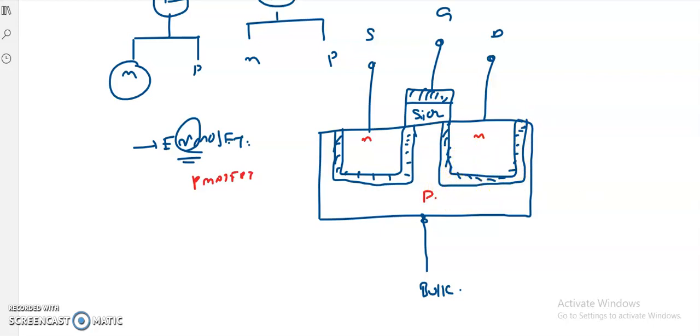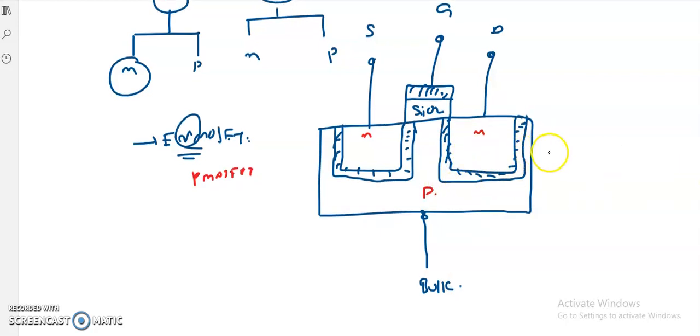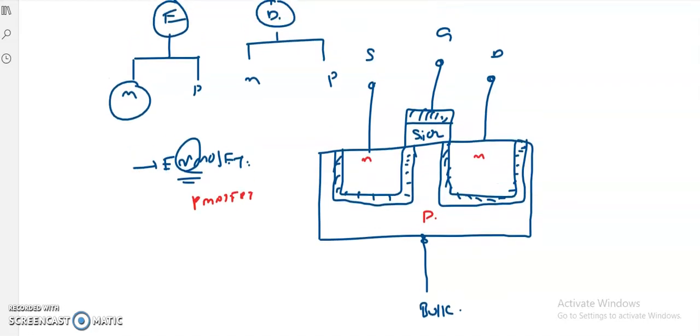So this is the general construction of the N-type MOSFET. Now in most cases we are not using the bulk here, so our operation goes on with the help of source, gate, and drain. Anyhow, you have to treat the source and bulk as short circuited.